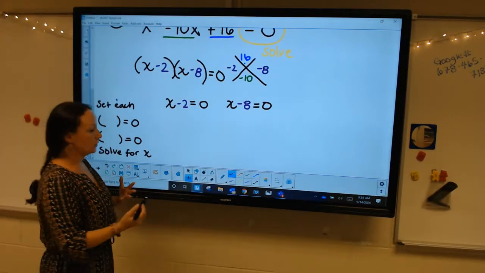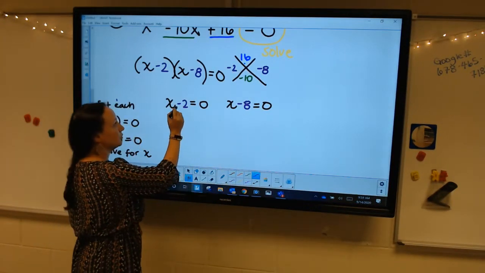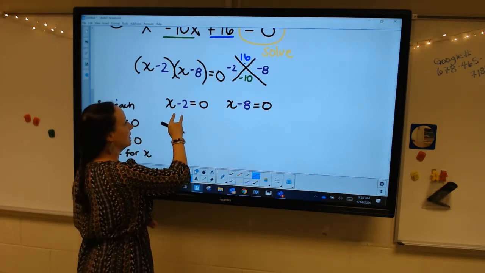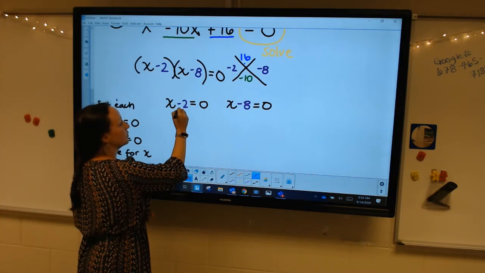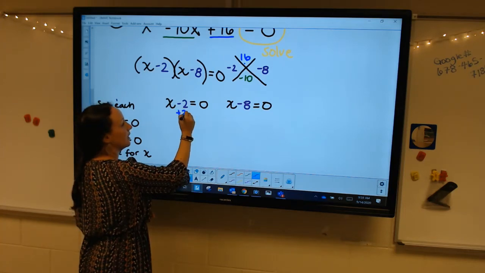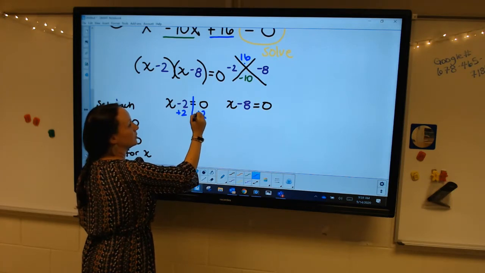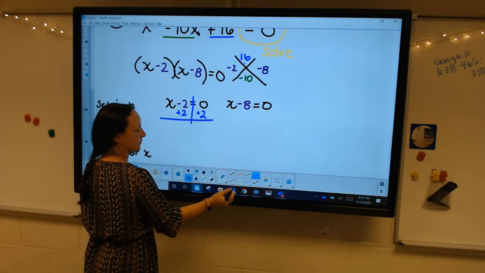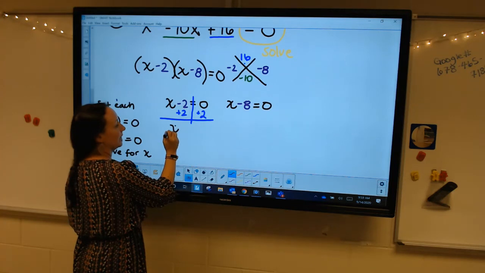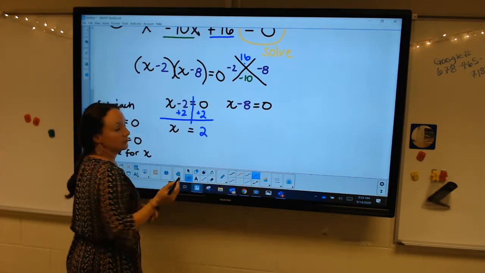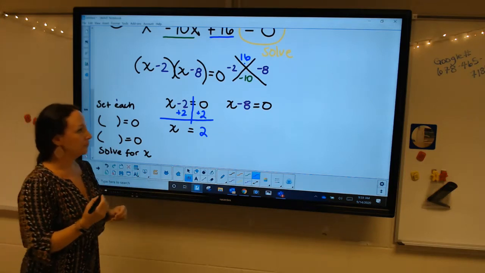So in order to solve for x, you are going to want to undo the numbers next to x. So this says x minus 2, so in order to undo it, I'm going to add 2 to the other side so that I get x equals a positive 2. So that's one of my answers.